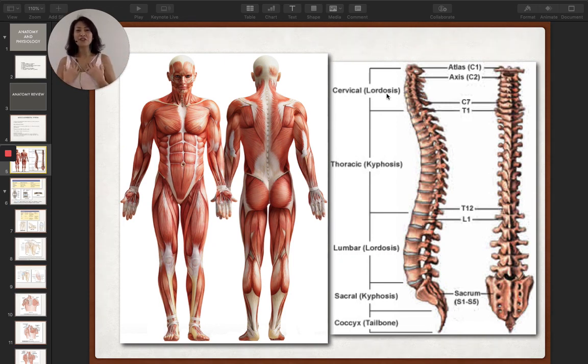So our thoracic spine, the main function is to help our body stay upright, right? But it doesn't do that job by itself alone. It has to work together very well with the deep core muscles of the back, which we're going to talk about later on. So thoracic spine starting from T1, counting on until T12.